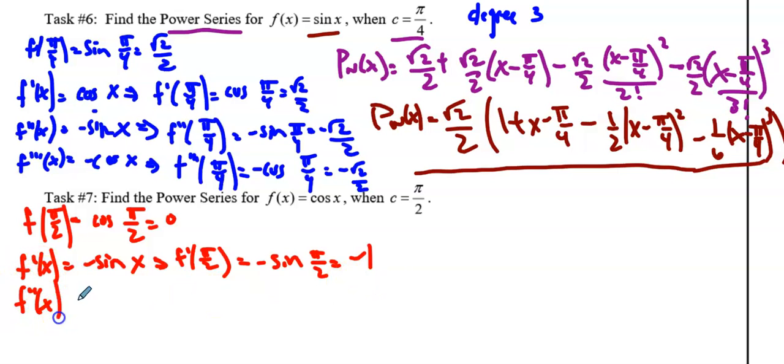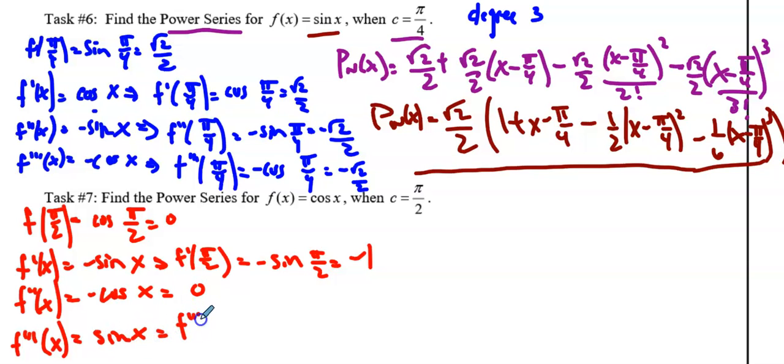Find the second derivative. The derivative of negative sine is negative cosine. And you already know that this is going to end up being 0, because if I plug in pi over 2 to cosine, I'm going to end up getting 0. So anytime we have a 0, we can skip that step. And then the third derivative is going to be the derivative of negative cosine, which is going to be sine of x.